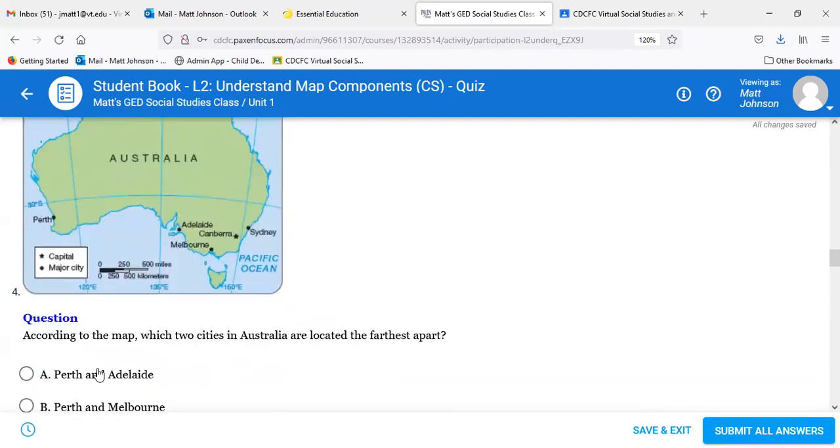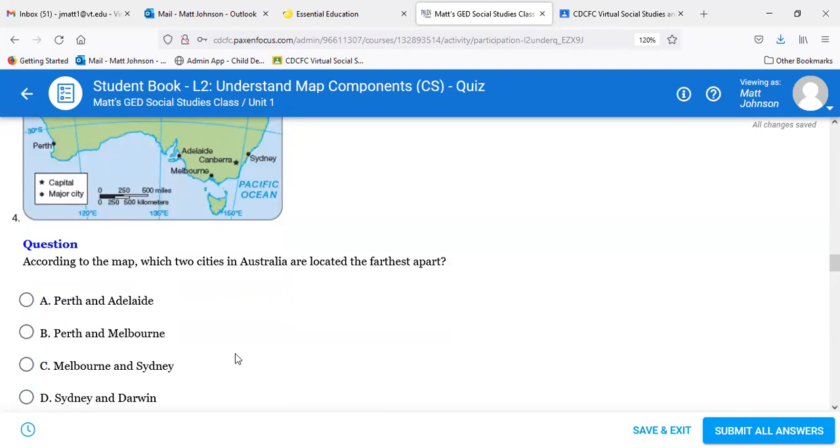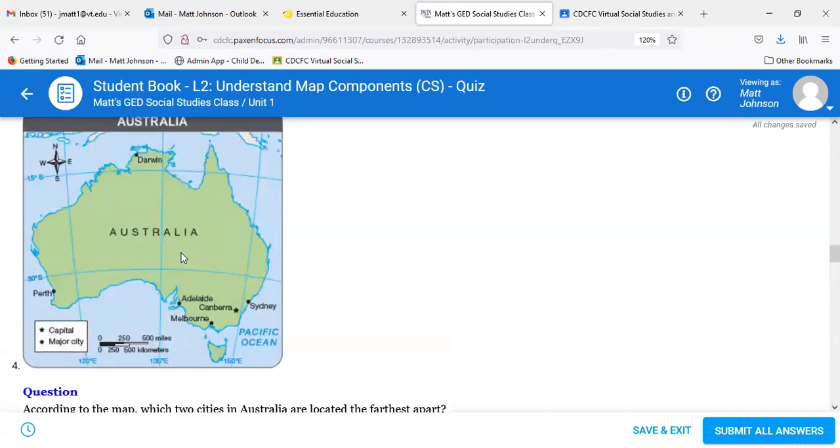Finally, which two cities in Australia are located the farthest apart? D. This was process of elimination, another one of those test-taking skills.